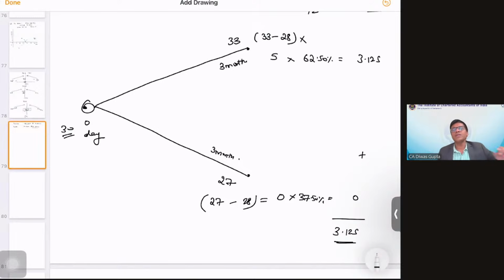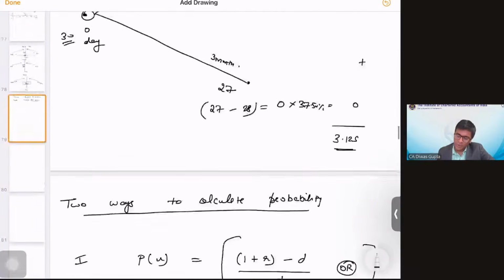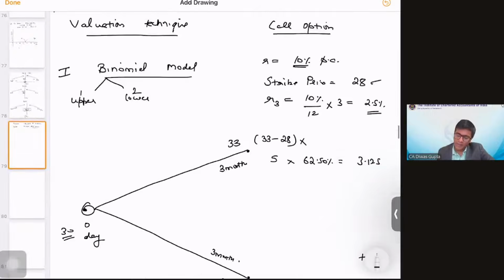Clear, students? This is the binomial method. Let me just quickly recap. In binomial method, first of all, there is an inherent assumption that only two possibilities are there. Either the price is going up or the price is going down. If the price goes up, there is a probability assigned to it.